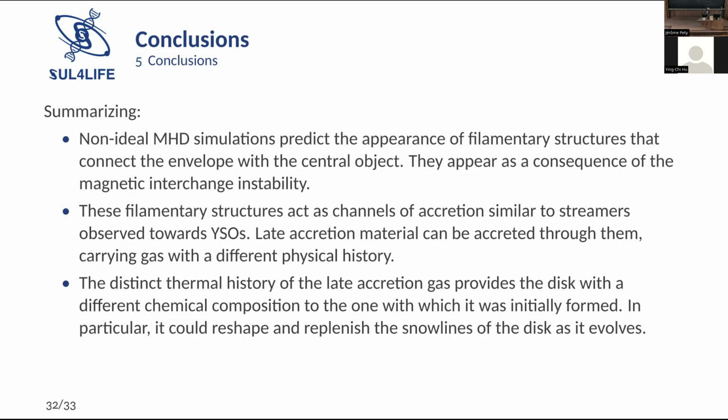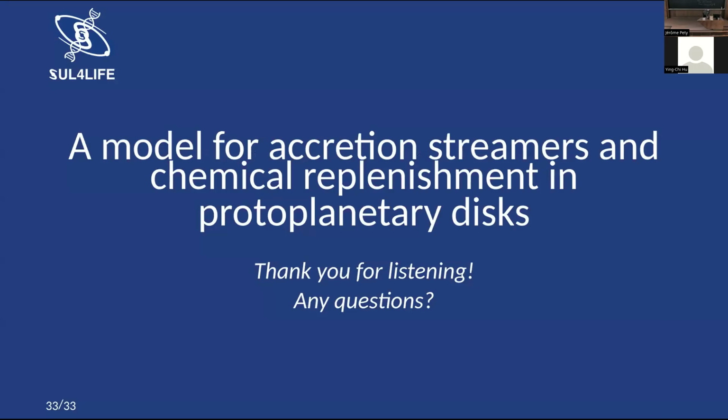They act as channels of accretion that are similar to streamers that we observe in young stellar objects, and they may carry different gas with different thermal histories, reflected in different chemical compositions, that could reshape or replenish the snow lines of the disk, okay? I haven't checked all the molecules, but for formaldehyde and methanol, there is a difference in the contribution of late accretion compared to what is already in the disk. And well, this is it.